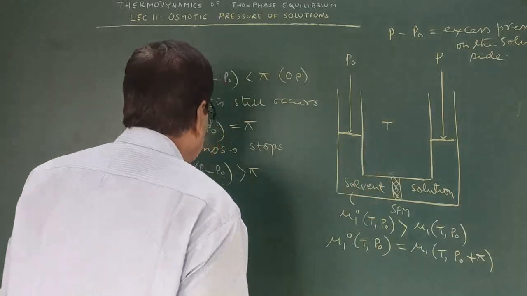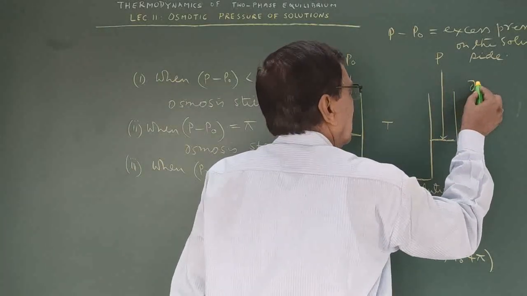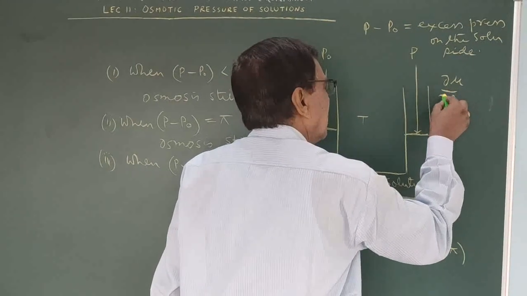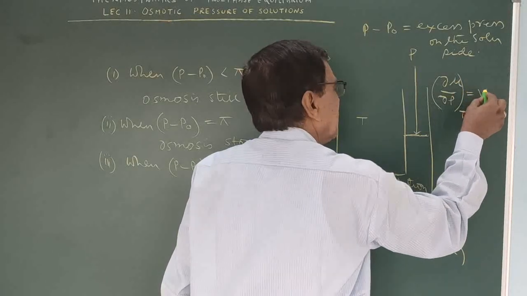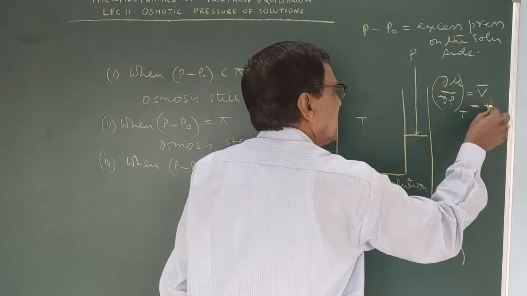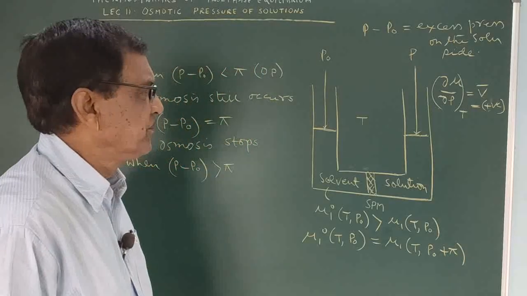We know del mu by del P at constant temperature is equal to V bar, and this molar volume is always positive.